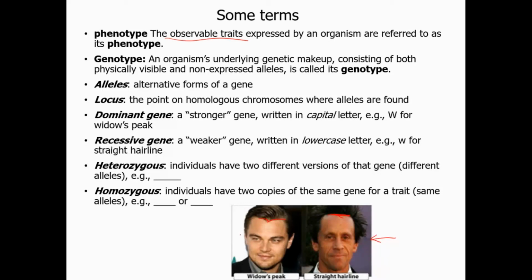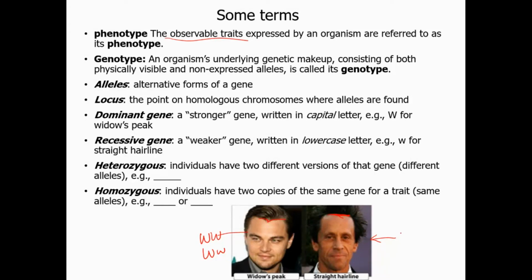And genotype is, so his widow's peak is actually the dominant trait. So he could be homozygous dominant or heterozygous dominant. We don't know. We have to look at his genes in order to figure that out. Or we can use his parents' genotype to figure out what he has. And then the straight hairline is recessive.